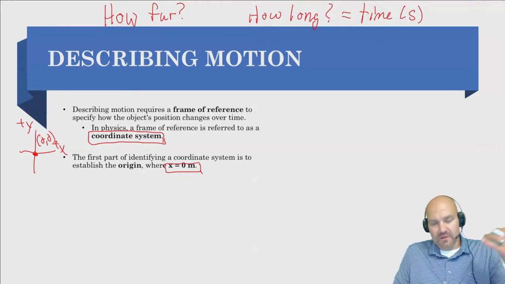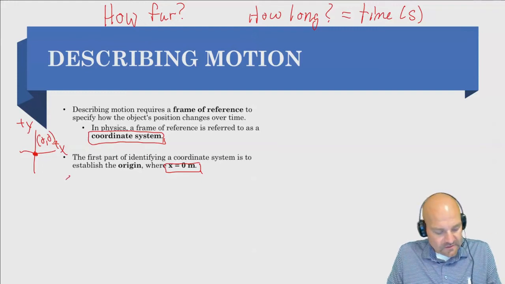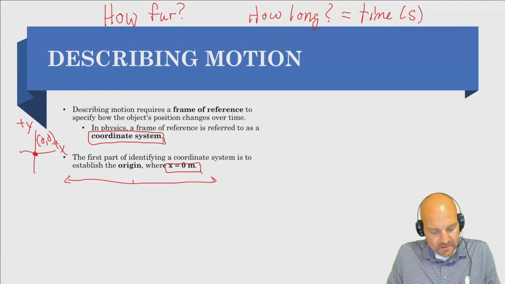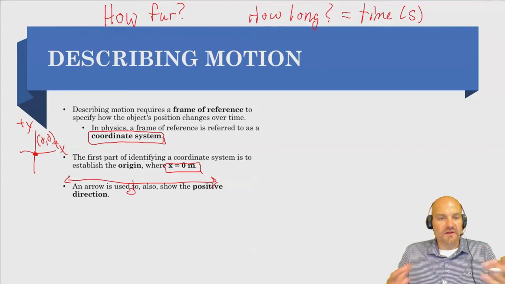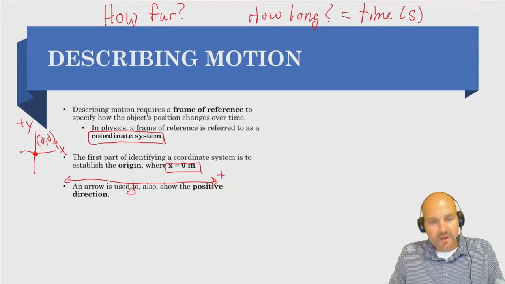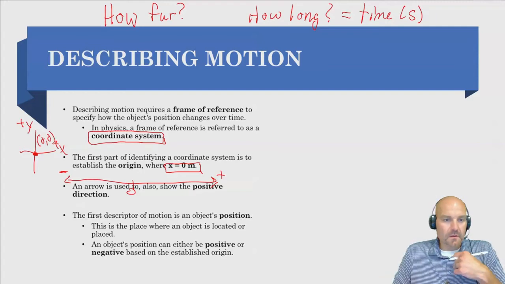The way we can think about it right now in physics is like a number line. There's my 0 point. It also establishes the positive direction. Numbers to the right of the origin are positive, numbers to the left are negative.